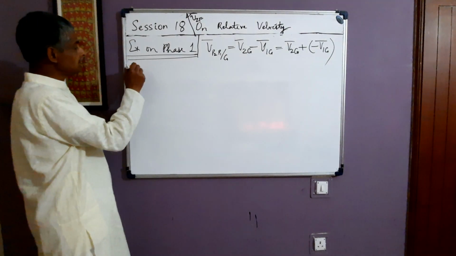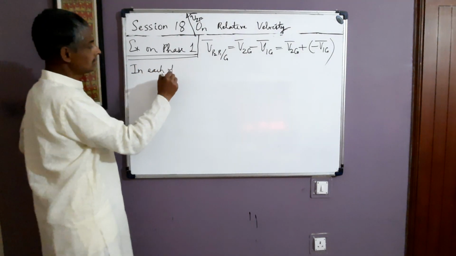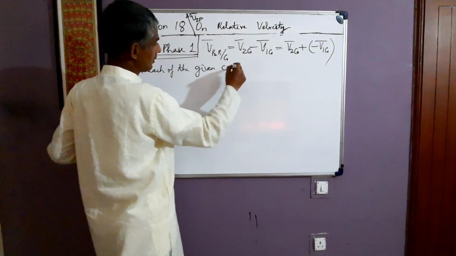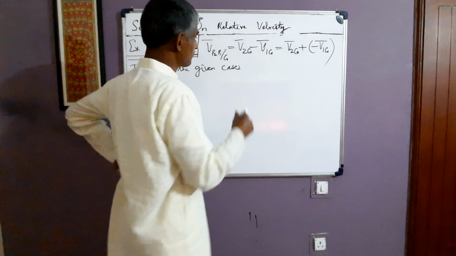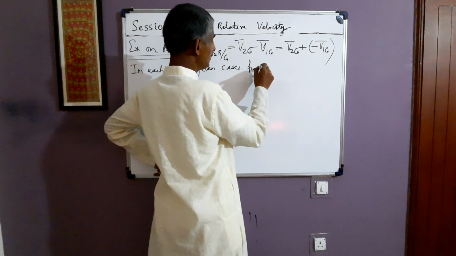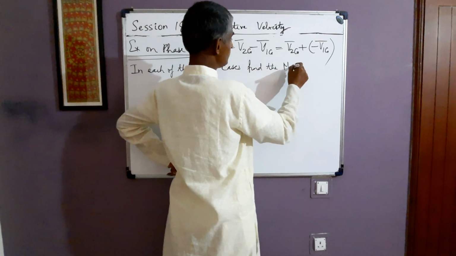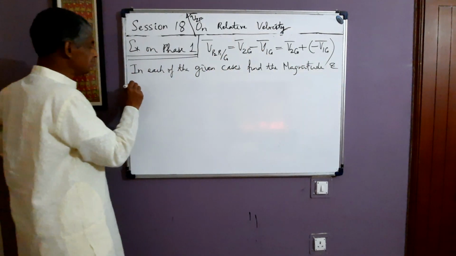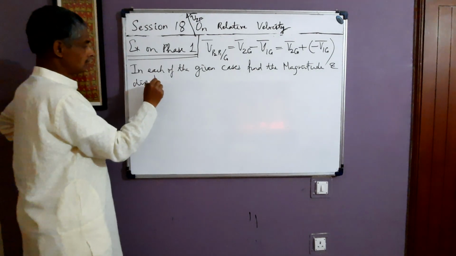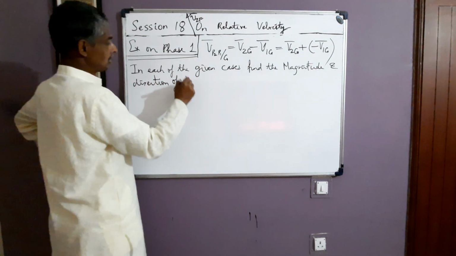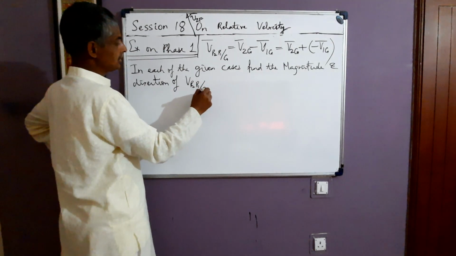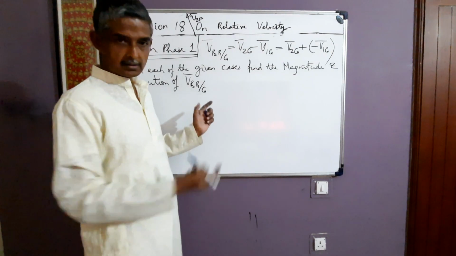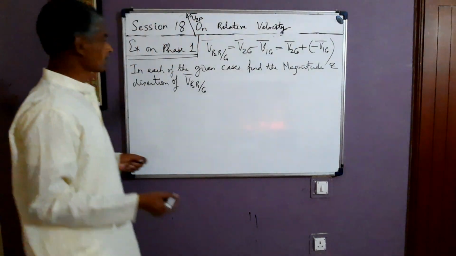So in each of the given cases, find the magnitude and direction of Vp2P1G. G means ground frame. The meaning of Vp2P1G is clear, which I have stated just now many times.